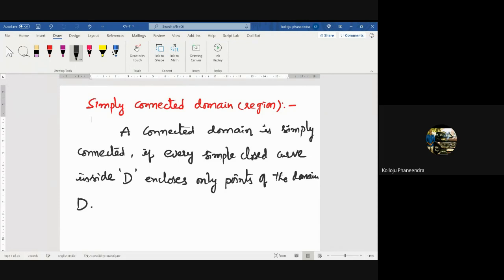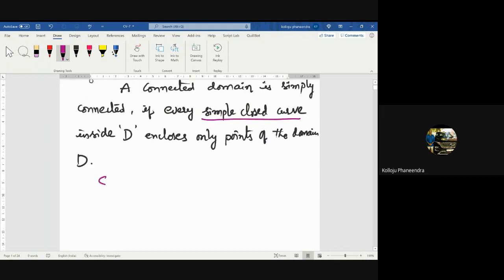So now here there is one word, simple closed curve. Let me define that one also. What is the definition of this simple closed curve?